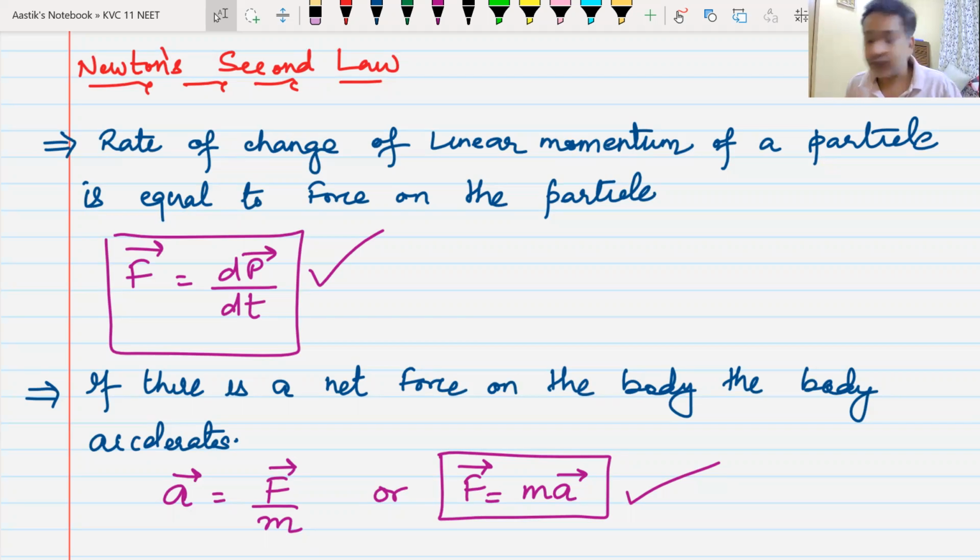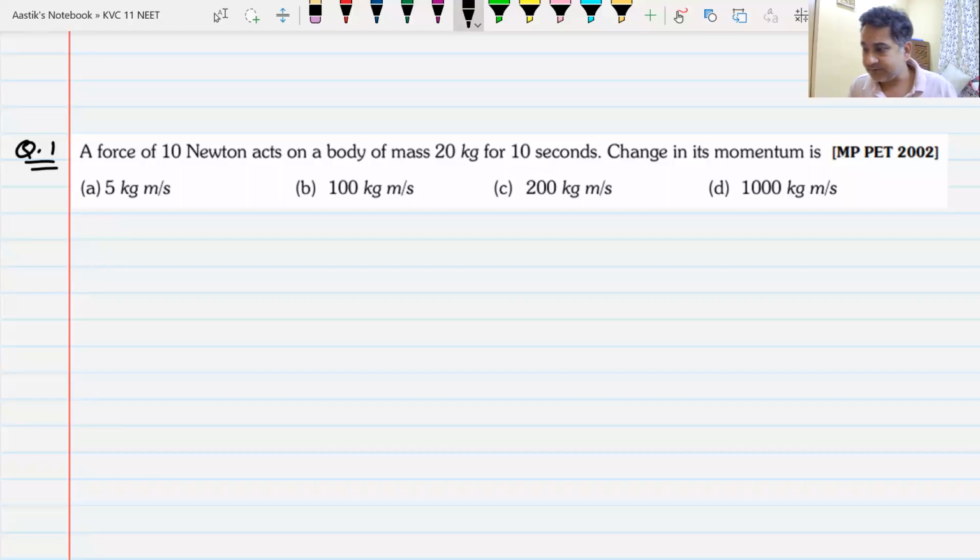A force of 10 Newton acts on a body of mass 20 kg for 10 seconds. Find the change in its momentum. I hope you can see the question. A force of 10 Newton acts on a body of mass 20 kg for 10 seconds. Find the change in momentum. I'll give you 2 minutes to solve this.